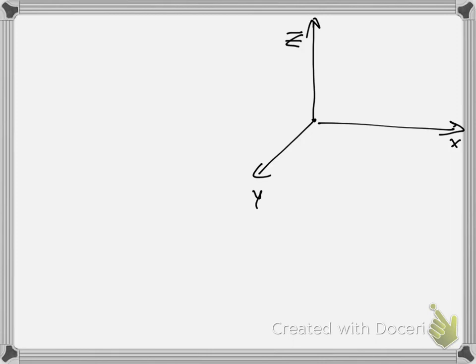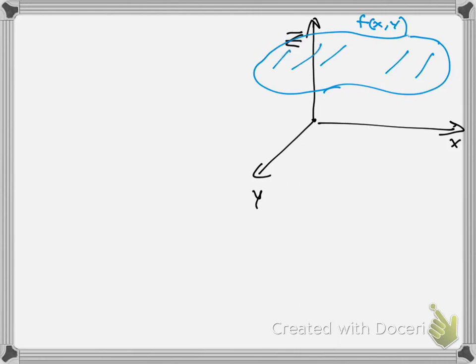This is my function f, the graph of f of x, y. Again, you can take a point here, AB. My x equal to a is here, and this is my y equal to b.